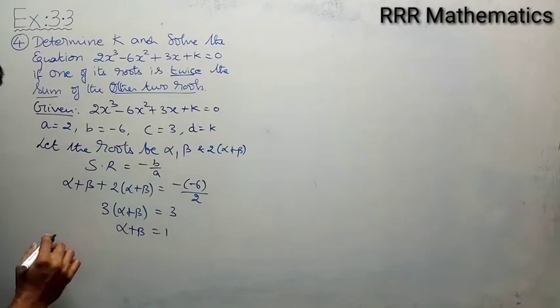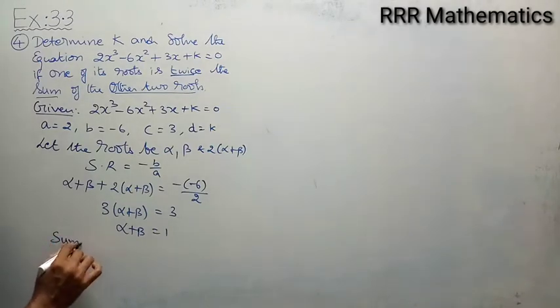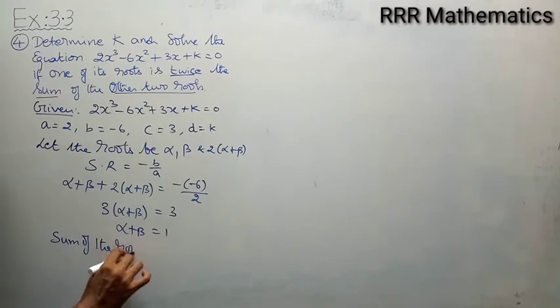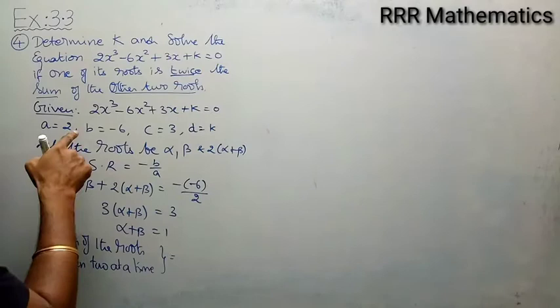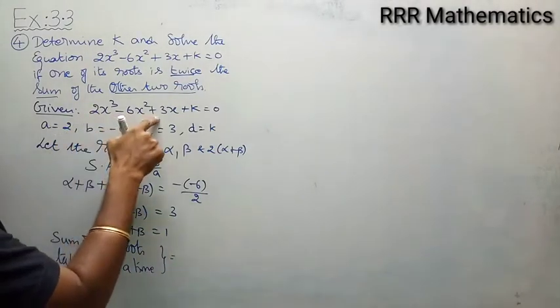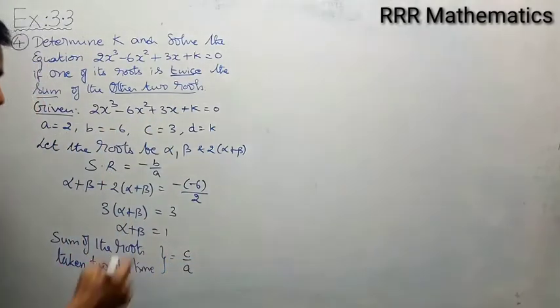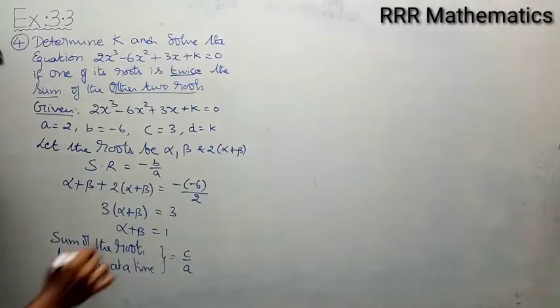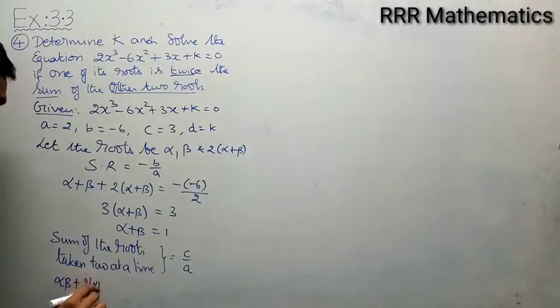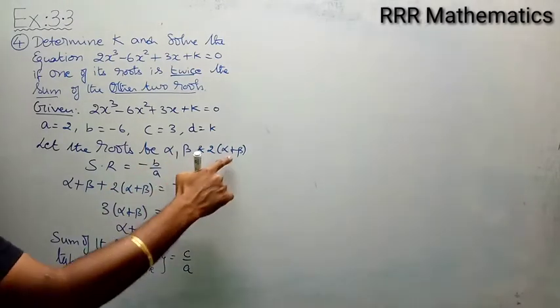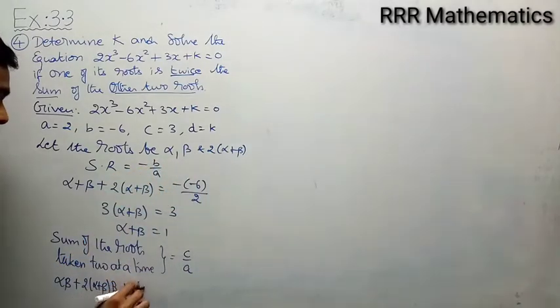Now sum of the roots taken 2 at a time, that is plus c by a. That is alpha into beta, next these two, 2 times alpha plus beta into beta, next these two, 2 times alpha plus beta into alpha, which is equal to c by a.